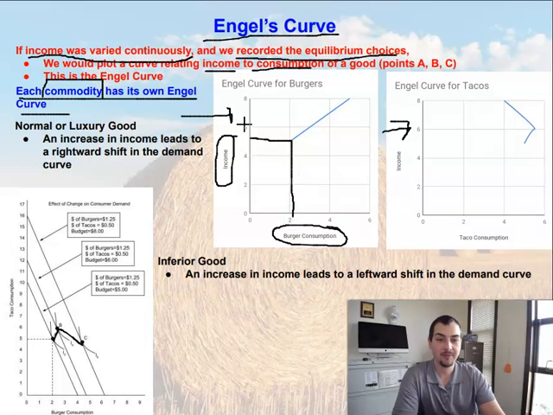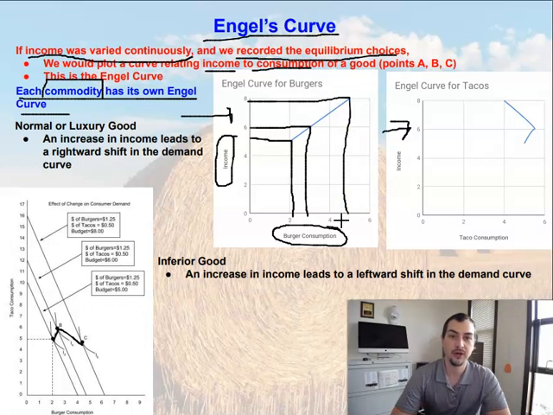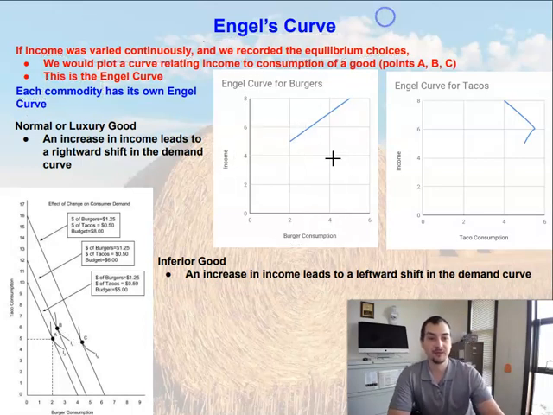As income rose to say $6, we consumed 3 burgers. And as income rose to $8, consumption of burgers rose to 5. Each time, the consumption of burgers continuously rose. So as income rises and consumption rises, we have a normal good.